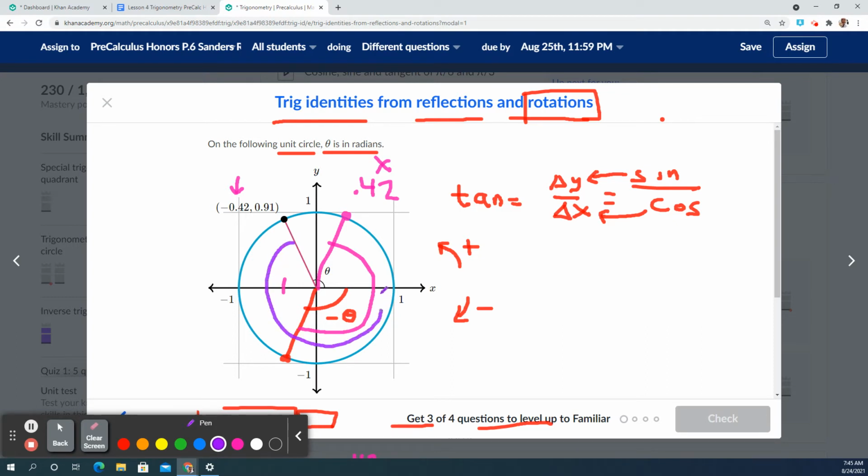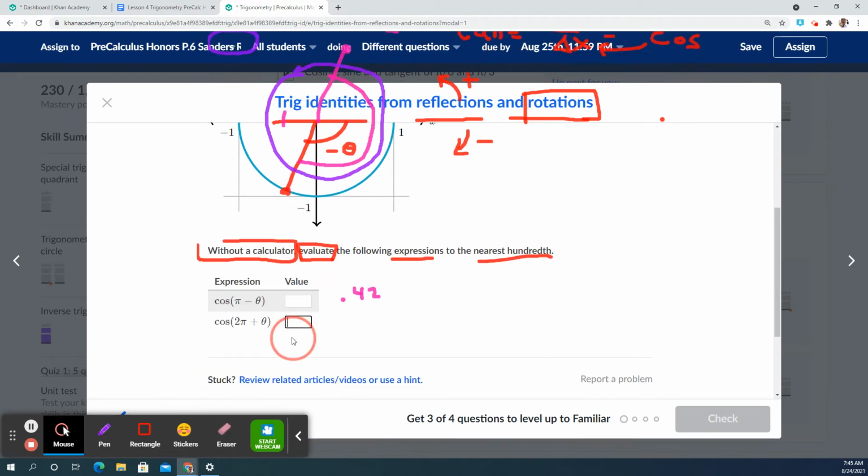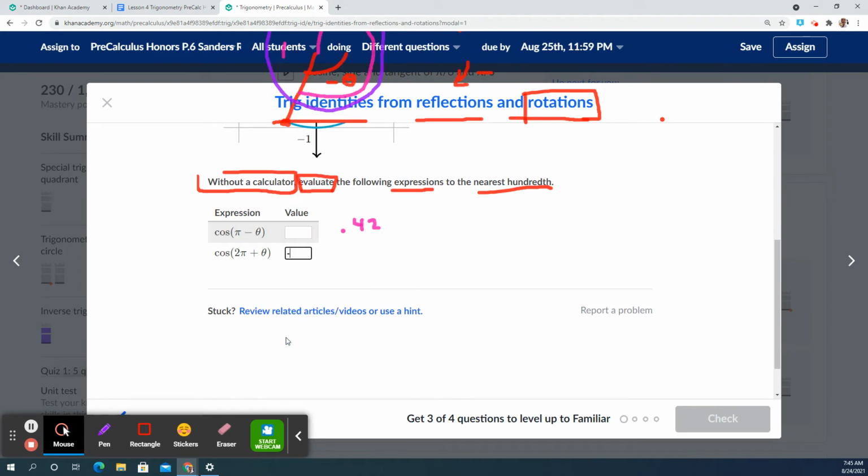It goes all the way around and lands in exactly the same spot. So this one would have that same x value of negative 0.42. And then I had positive 0.42 on that one.